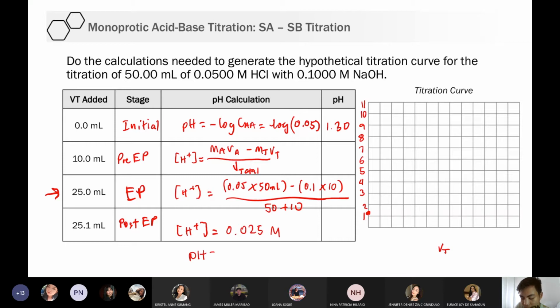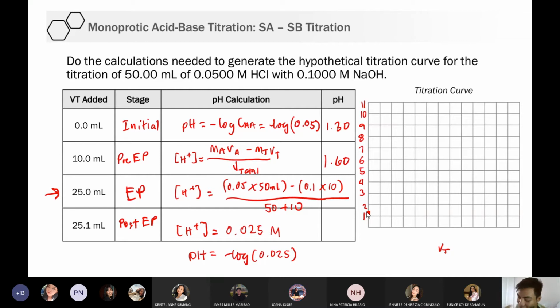Okay? So, pH is negative log of 0.025. Okay? Which is 1.60. Okay? Ayun, tumaas yung pH from 1.3 naging 1.60. Bakit tumaas yung pH? Kasi nagdagdag tayo ng titrant. Okay? Nagdagdag tayo ng base, kaya tumaas siya.